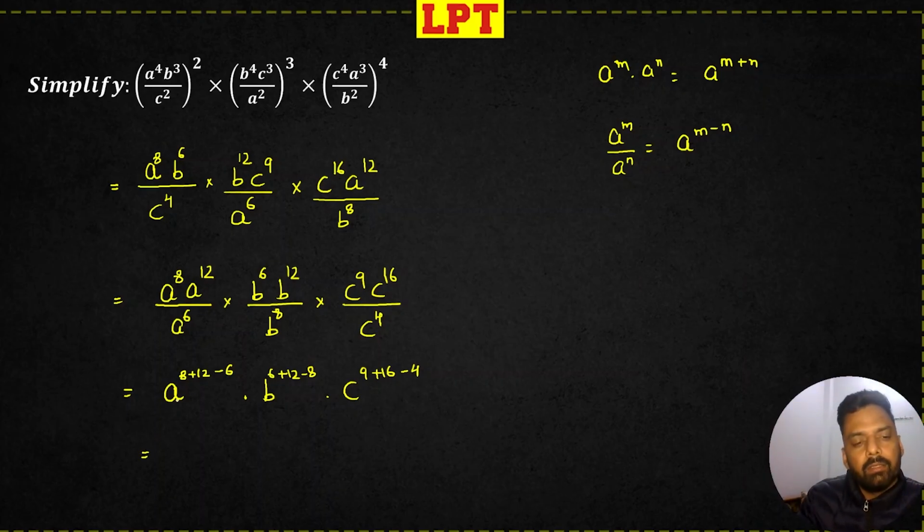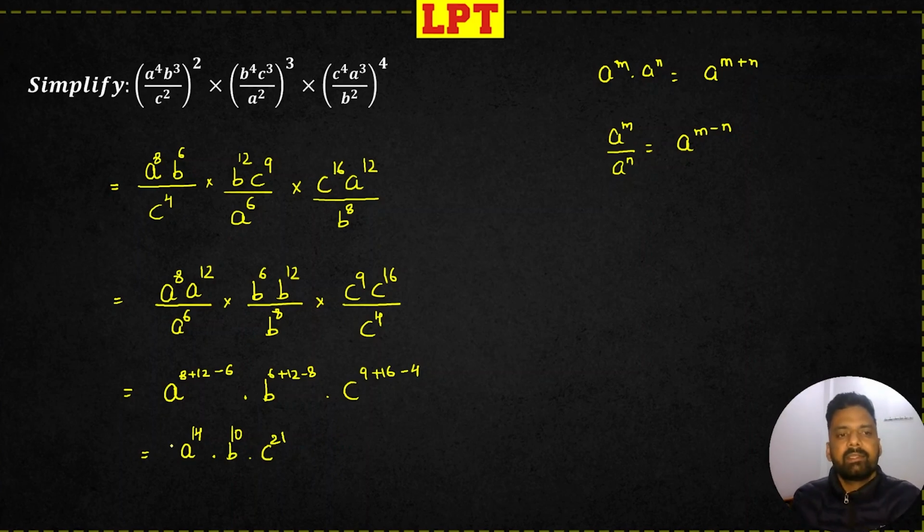It will become 12 8 20, तो a to the power 14 into b to the power 10 into c to the power 21. So the simplified version of this will be a to the power 14, b to the power 10, and c to the power 21. Right? So whichever option is having this, a to the power 14, b to the power 10, c to the power 21, that will be the final answer.